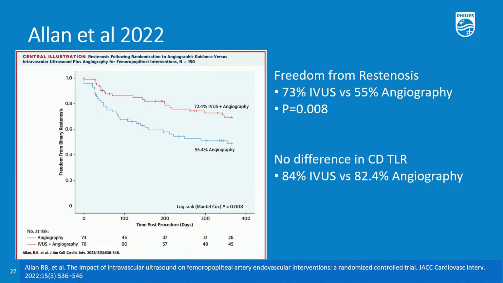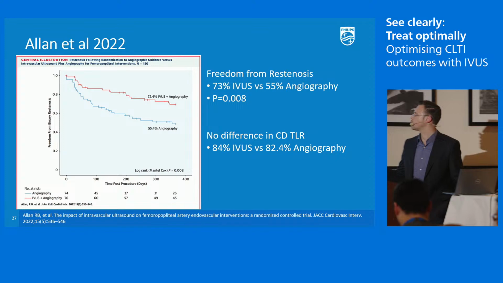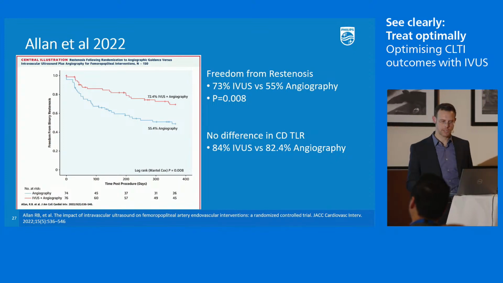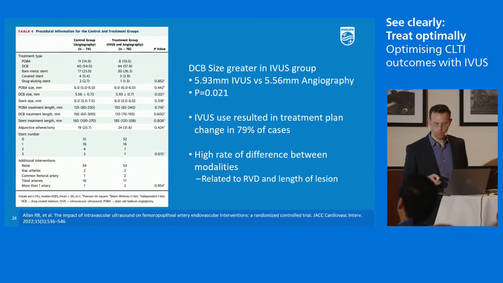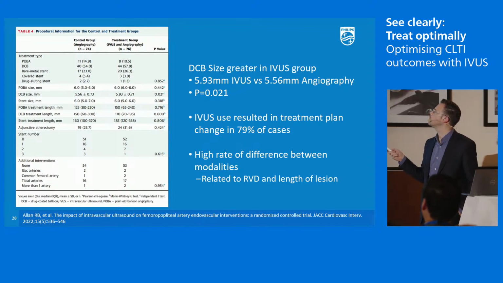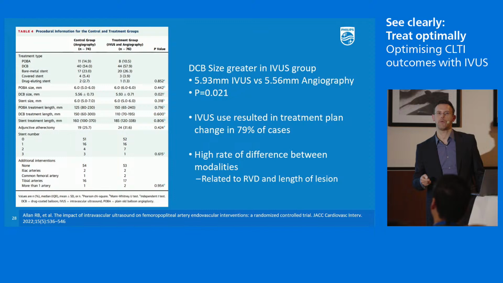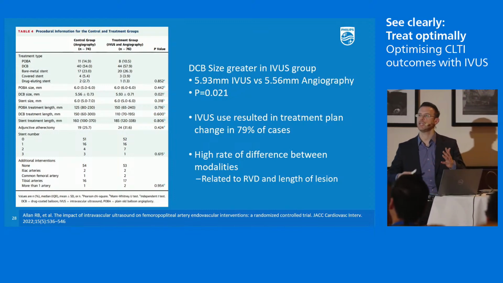Outcomes at 1 year were significantly reduced binary restenosis at 1 year in the IVUS group versus the angiography group alone, but this did not translate into more reinterventions. What they also found was that the choice of DCB was greater in the IVUS group, and I think really importantly, 80% of cases in the IVUS group resulted in a change in your management.